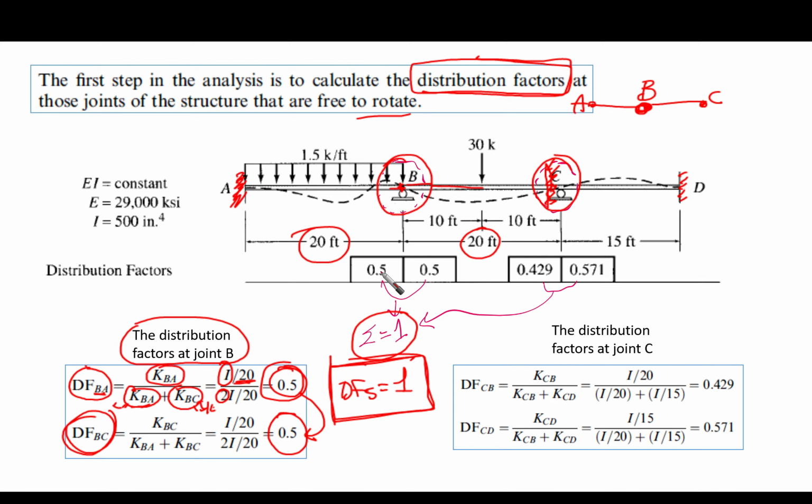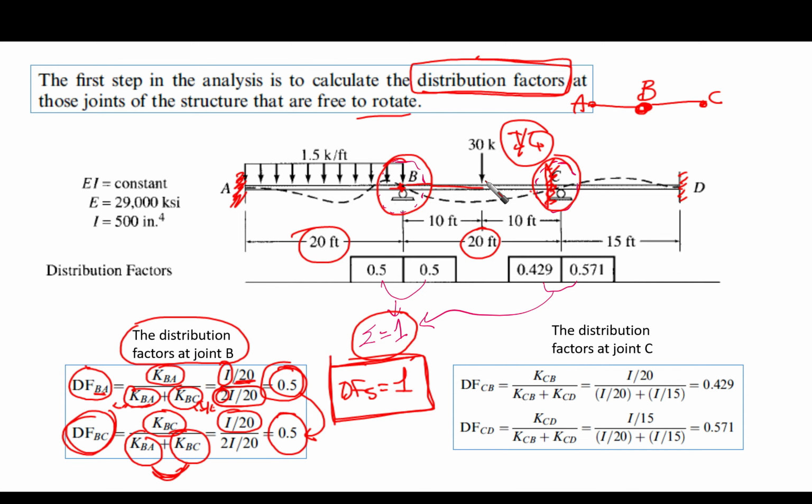The other way, if you do not like this and you want to be sure of what you are doing and to check it, is to obtain it as KBC over KBA plus KBC. These are the two elements framing into B, the same as the denominator in the previous one. However, the numerator here is for BC, which is also I over L, since the far end is fixed.